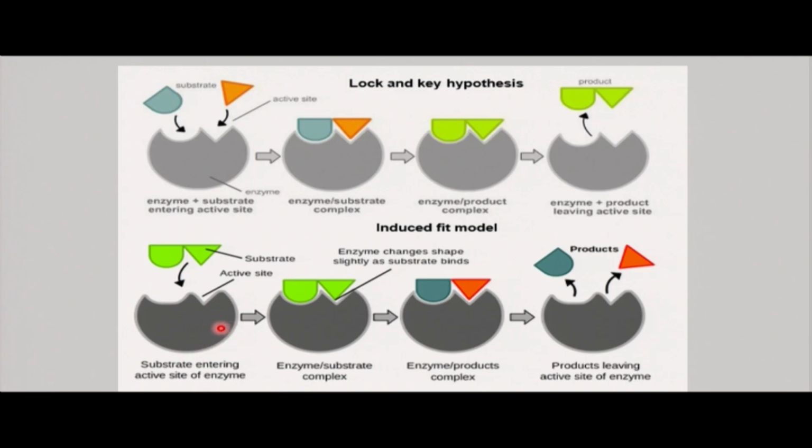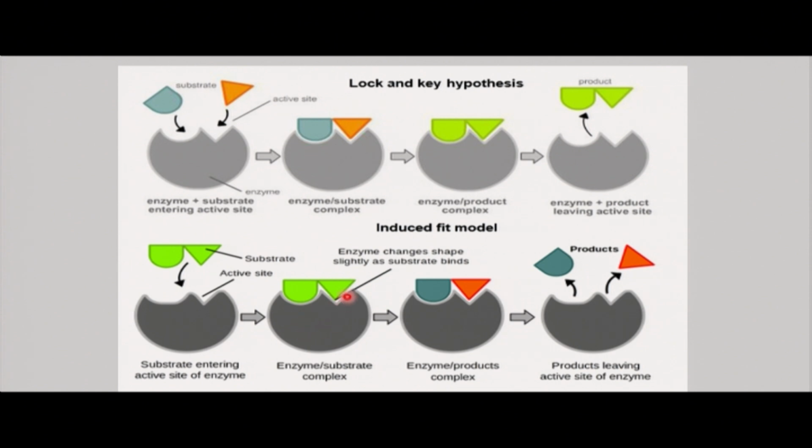Let us see the induced fit model. You see the shape of the active site is not complementary to the shape of the substrate. So what happens? The enzyme changes shape slightly so that the substrate binds there.